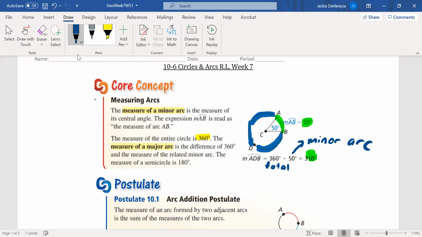So when you subtract those two, the total number of degrees minus the 50 degrees, this is going to be your new measure of the major arc.